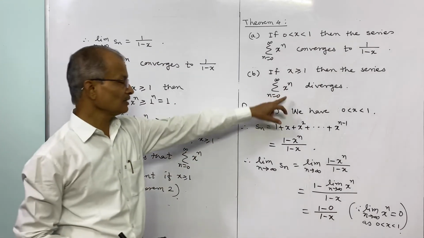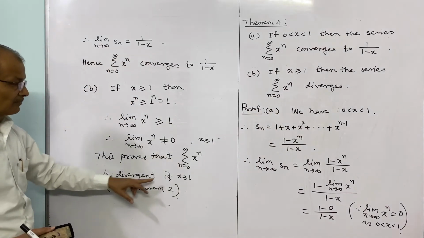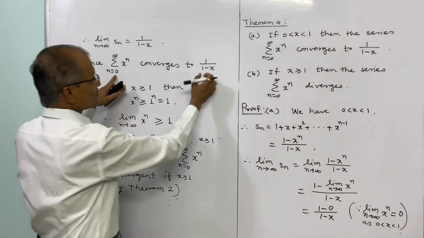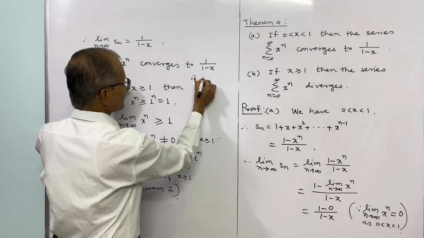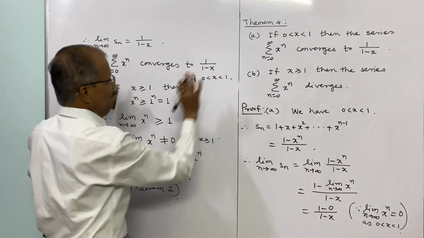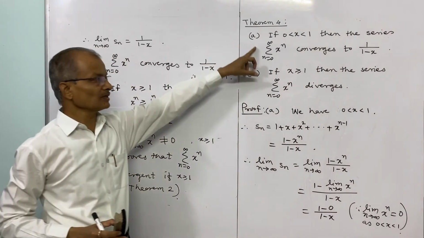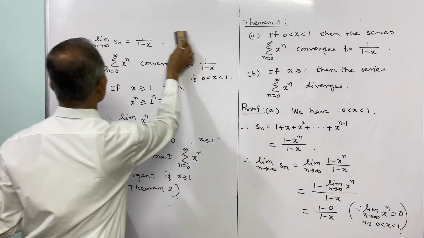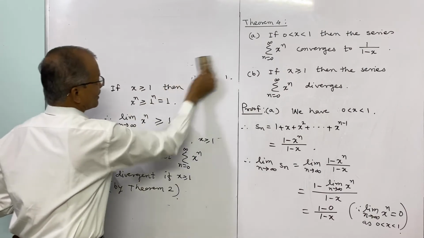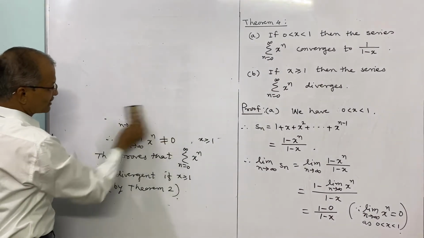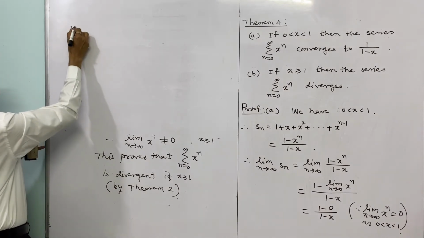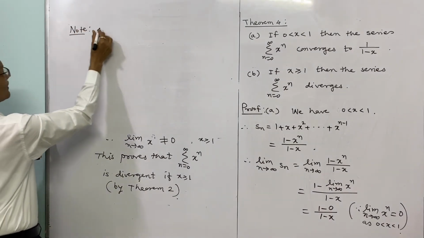So thus this series is divergent if x is greater than or equal to 1, and this series converges if x is between 0 and 1. So thus the two cases we have considered separately, and this proves theorem number 4. Now one more result we can consider for the harmonic series, and we may write a note for the harmonic series.